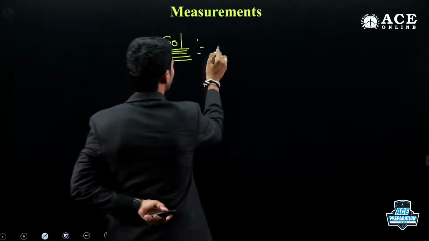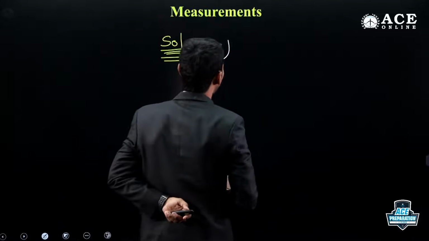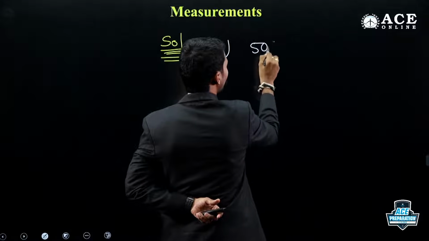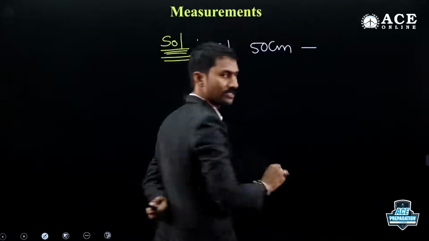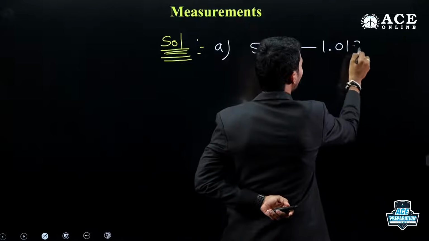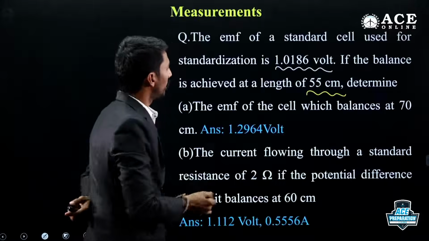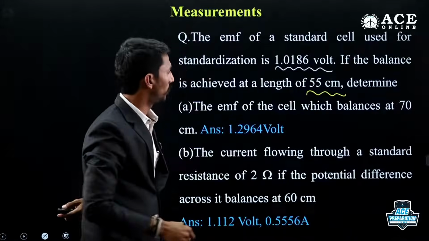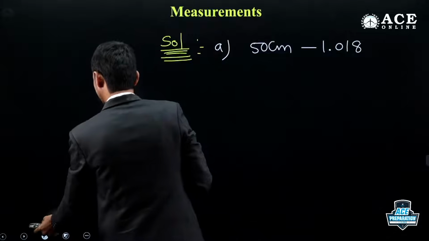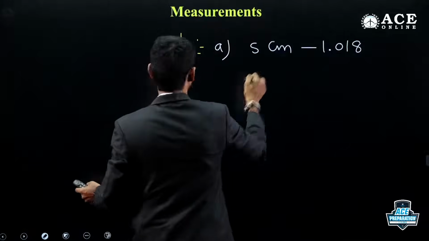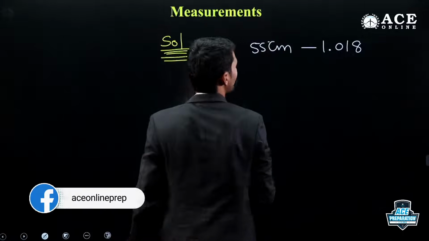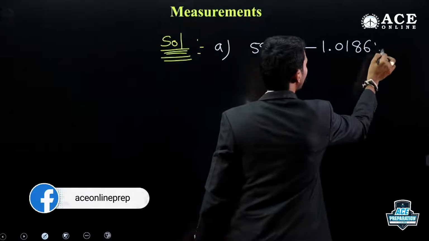What is that? First one, A. Right? Now the point is, for 55 centimeter, for balancing, how much voltage? 1.0186 volt. Check it here. The given value is 55. Right? 1.0186.